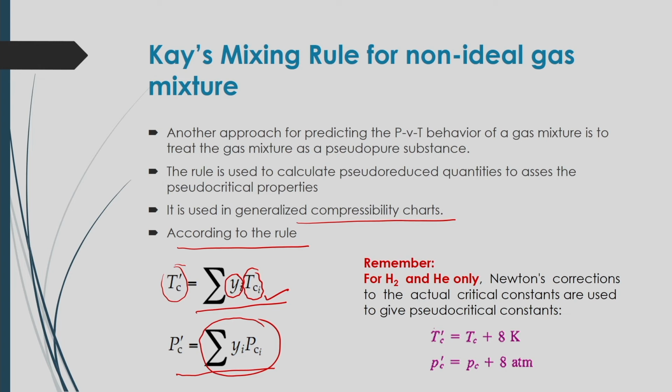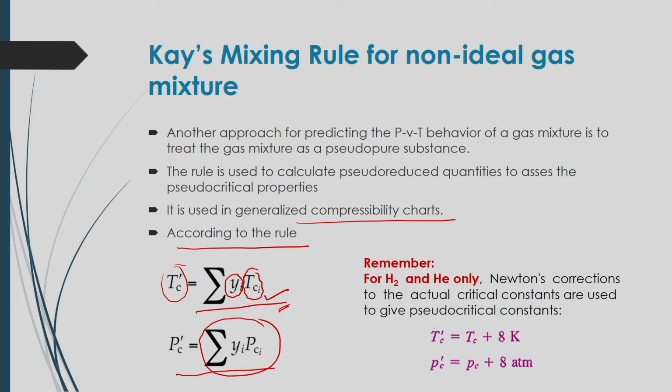But in this case you have to remember that sometimes hydrogen and helium gases do not follow the pseudo critical temperature and pseudo critical pressure given just by the individual gas component's critical temperature and pressure.